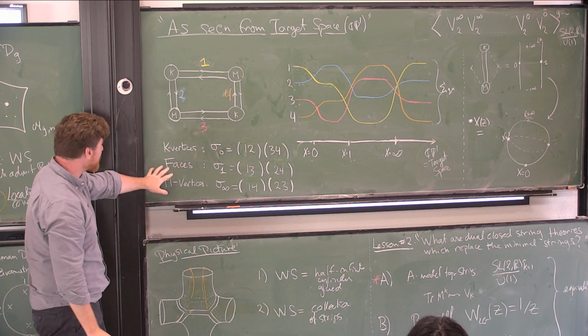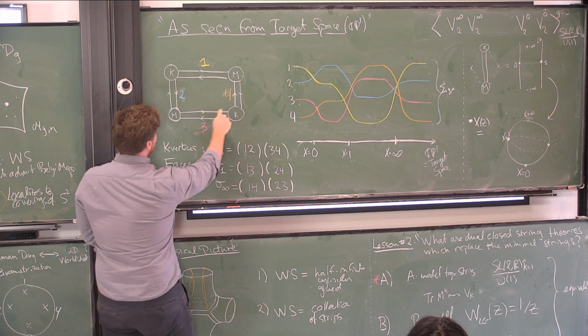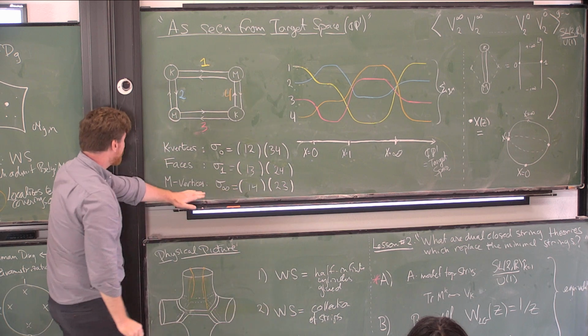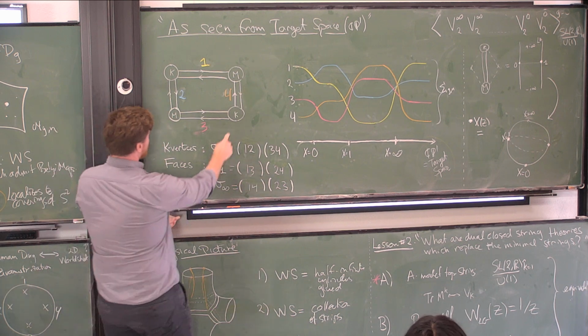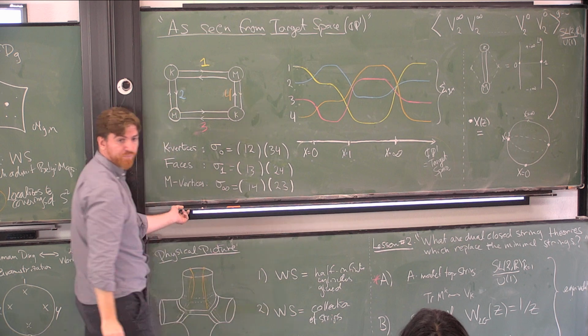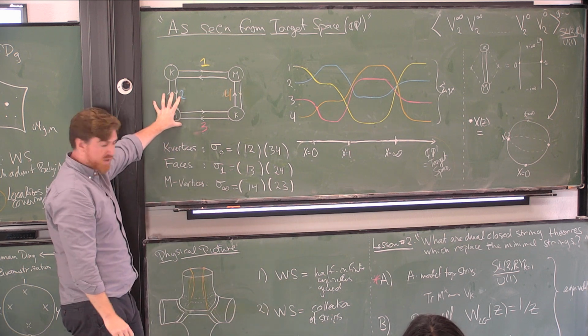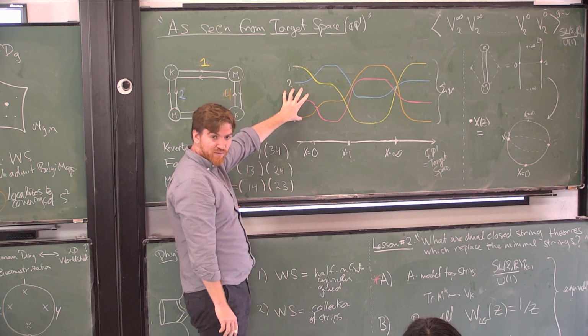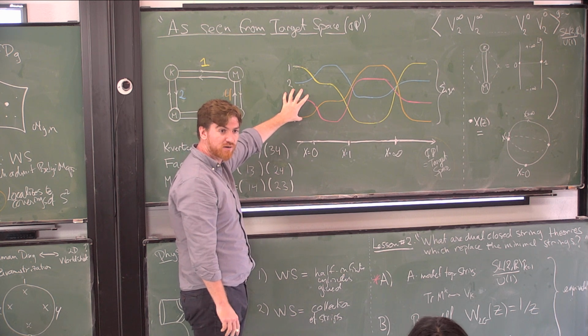I can do the same thing now for the faces. So I go around here, 2-4 and 1-3. That's what I've written down here. And then finally, the m vertices: 2, 3, and 1, 4. So from the diagram, I write down these permutations. These permutations uniquely specify the map. Is that clear?